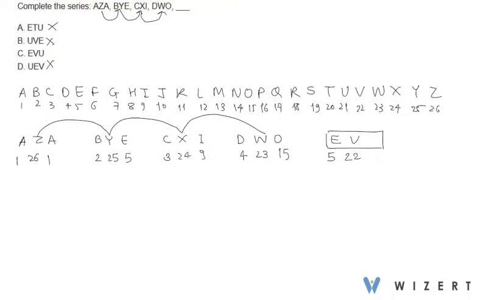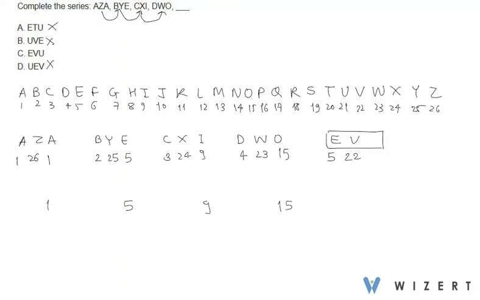Let's get to that option by observing the third letters as well. The third letter of the first member is first, fifth, here it's ninth, and it's 15th.